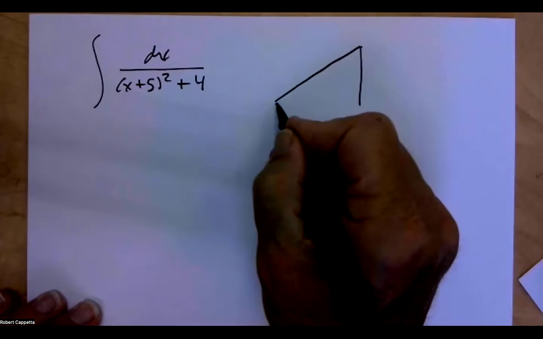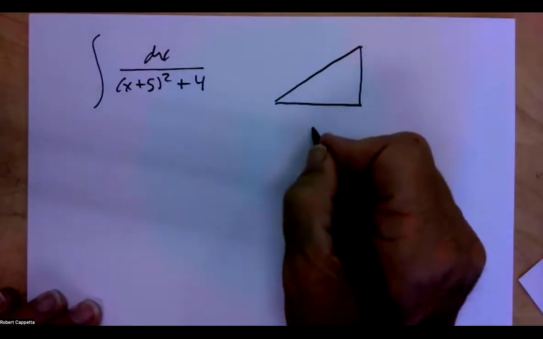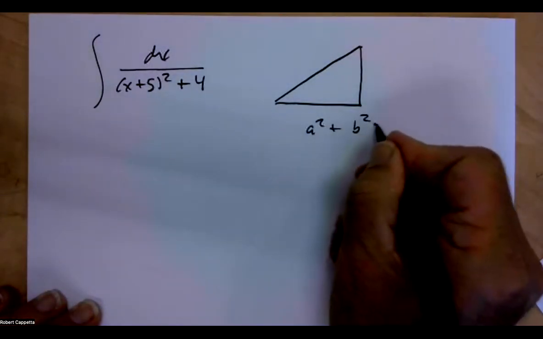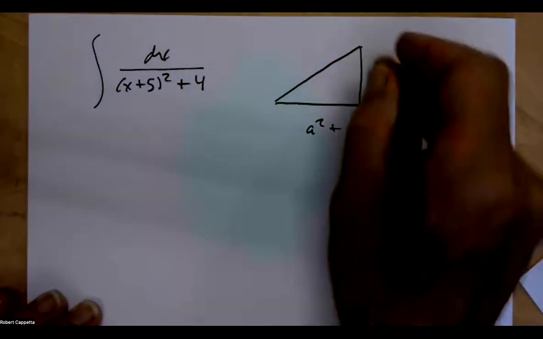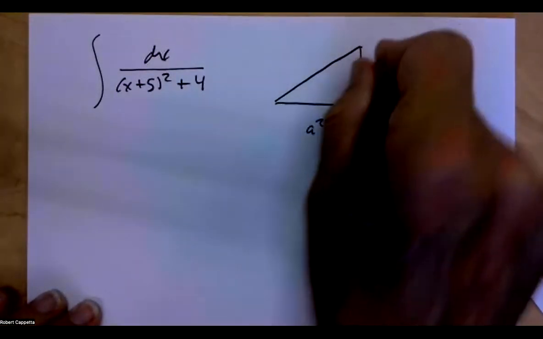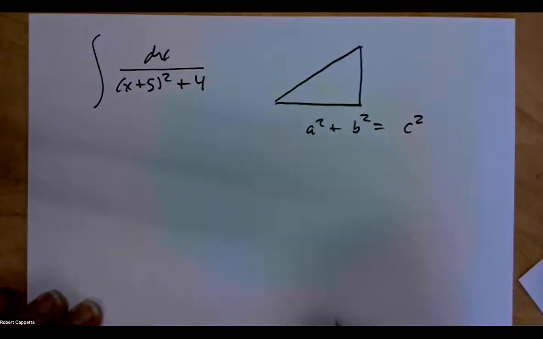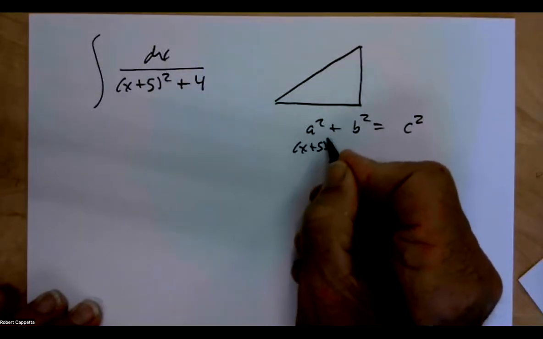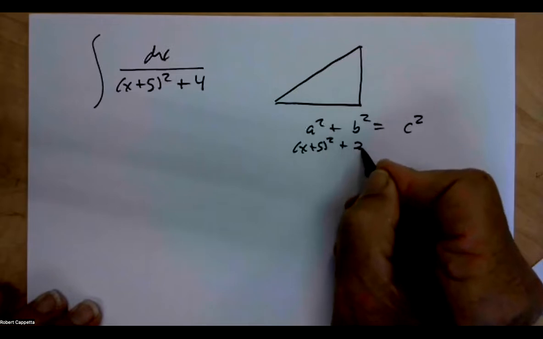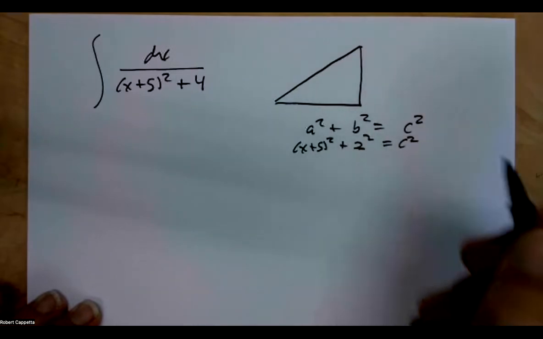I hope it's obvious that these two sides are legs. Remember, we're using a squared plus b squared equals c squared. We see a plus here, so one of them is a, one of them is b. Remember, a and b can be switched between the horizontal component and the vertical component. So let's say x plus 5 squared plus 2 squared will equal c squared.